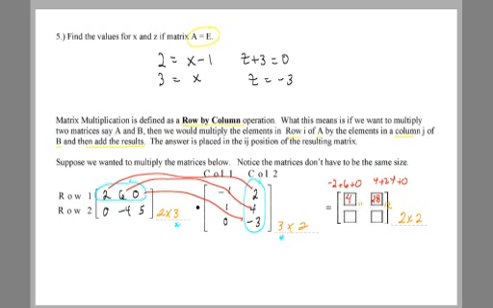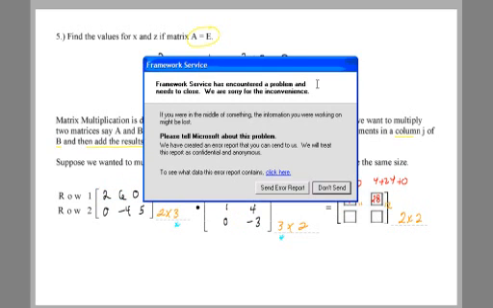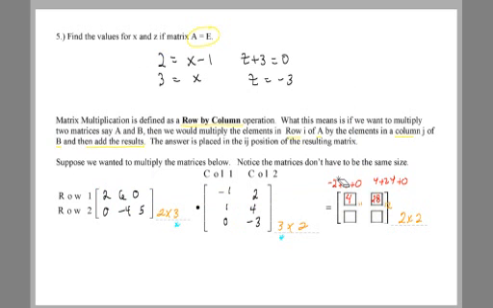Now I'm done with the first row because I've multiplied it by the first 2 columns. So now let's jump to the second row. I am now going to take row 2 and multiply it by column 1, then column 2.